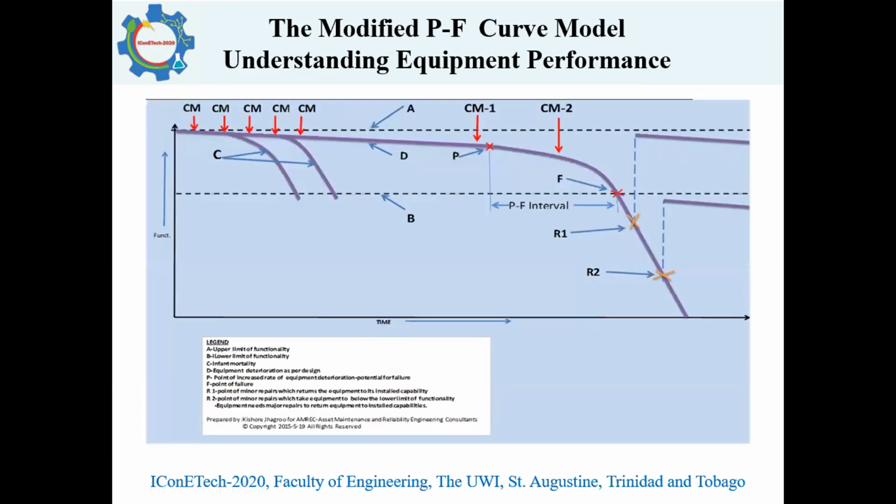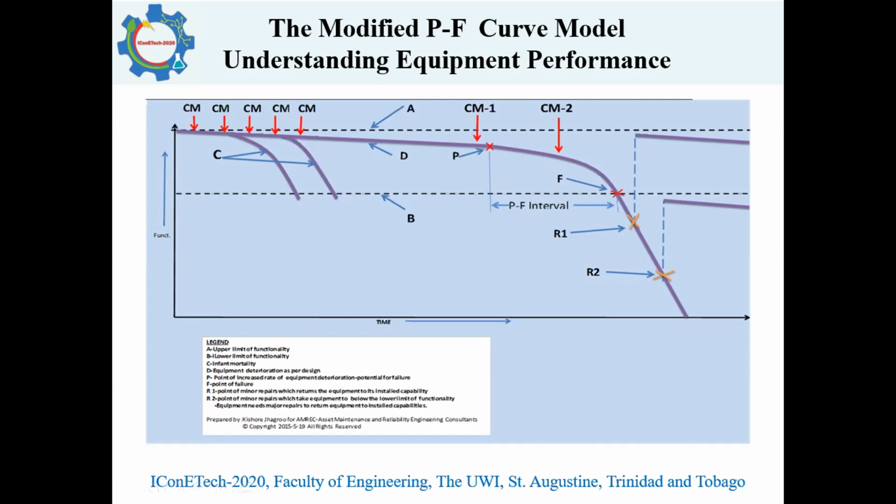Here we have the modified PF curve, which talks about the understanding of equipment performance. All equipment operates, when installed new, at the upper limit of functionality, and a lower limit of functionality, depending on the industry, is determined to say that when the equipment reaches that point, it has failed.